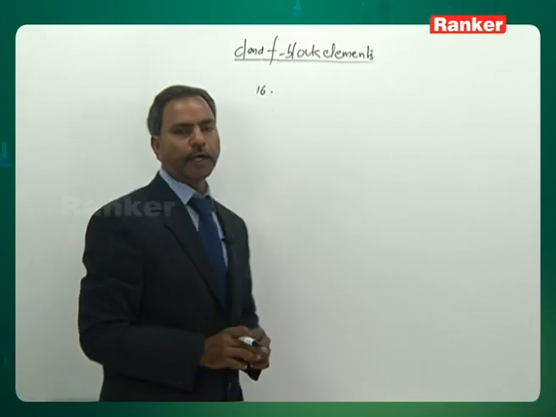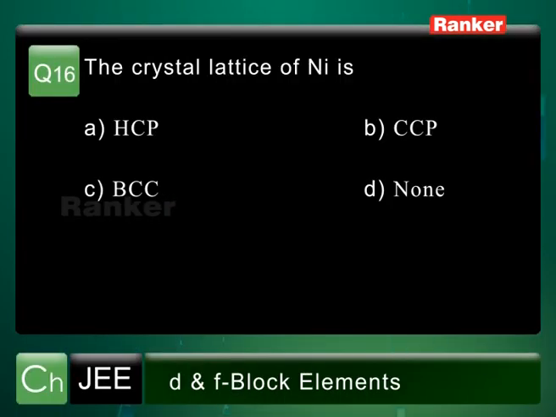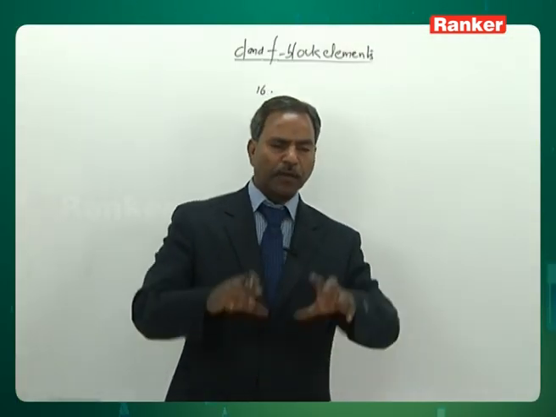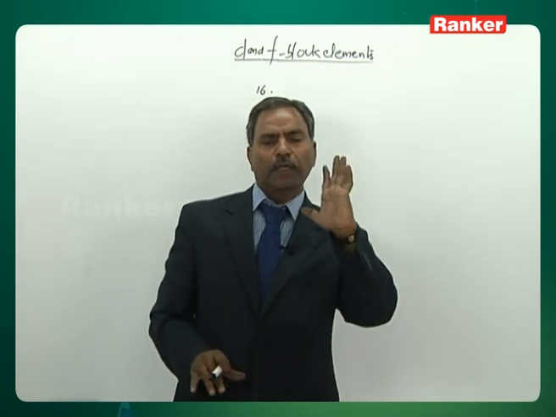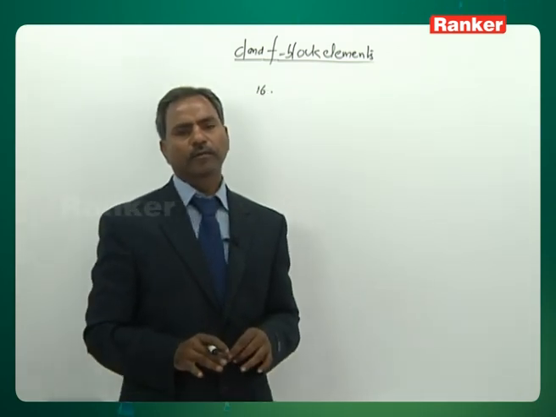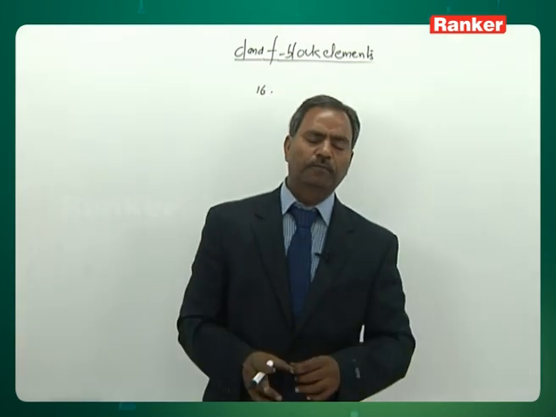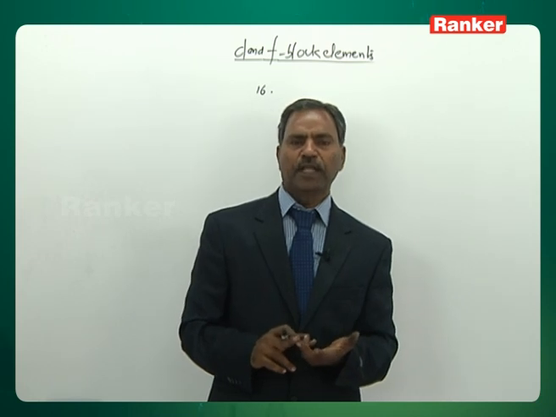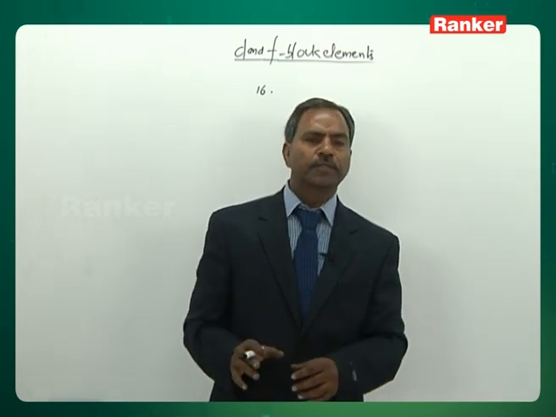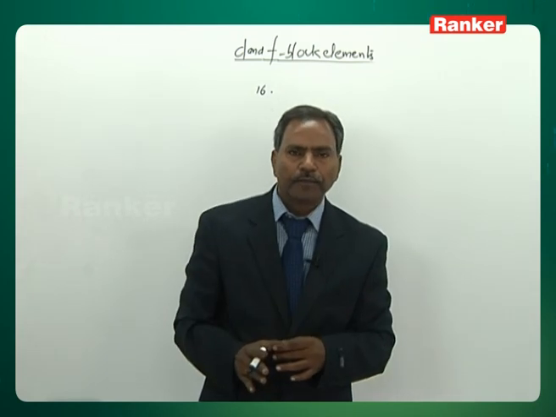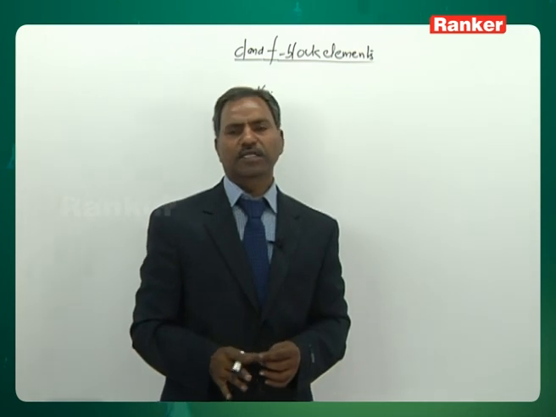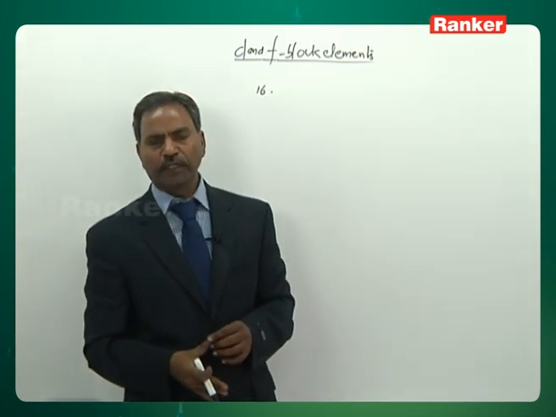Coming to the next question, 16. The crystal lattice of nickel is. After completing the entire D block elements, I gave all the 3D, 4D, 5D elements on the board. These 30 D block elements have different types of metallic lattices, HCP, FCC, BCC and so on. Remembering is difficult, so I made an easy way to remember: I classified all the 30 elements into these different metallic lattices, HCP or CCP, FCC, BCC.